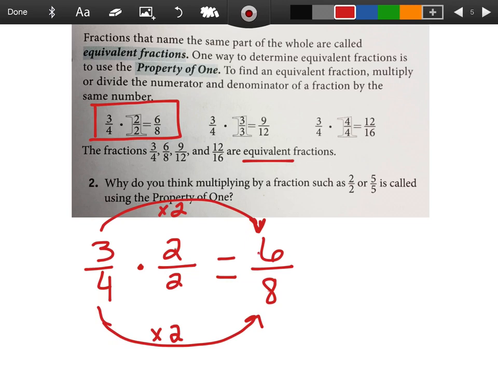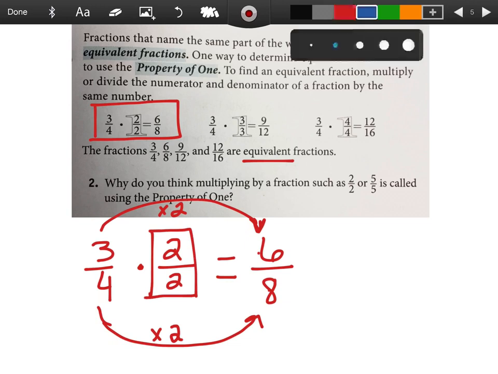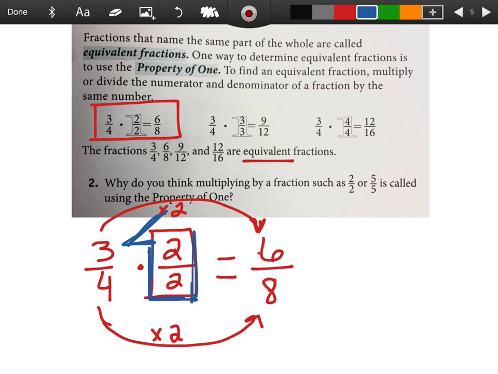Okay, why do you think multiplying a fraction like 2/2 or 5/5 is the same as the property of 1? Well, it's real easy. This is multiplying by 1. Okay, so if I were to draw this and make this look like a 1, it's a horrible 1. However, there's my 1. Well, this is what I'm seeing.